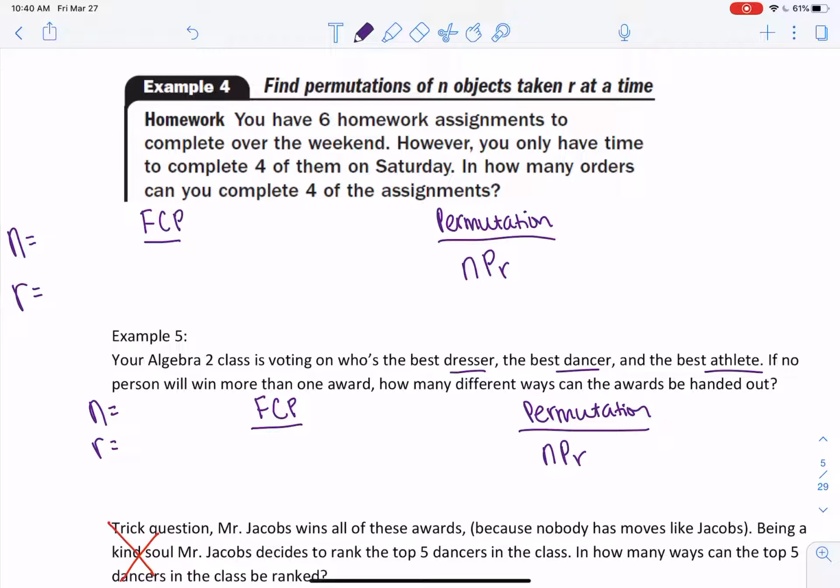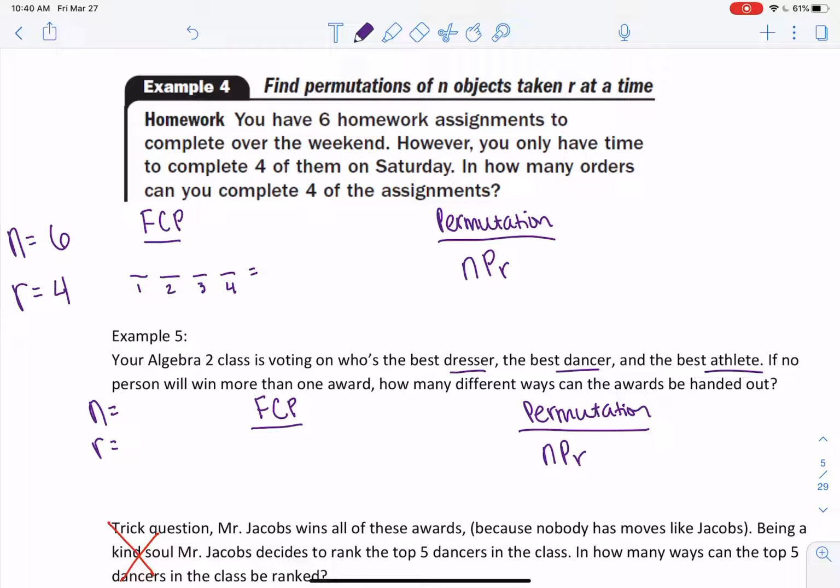First for n, how many groups do we have? It looks like we've got 6 homework assignments to choose from, and we want to choose 4 of them. So r is going to be 4. For the fundamental counting principle, we could say I've got only 4 assignments that I can choose from.